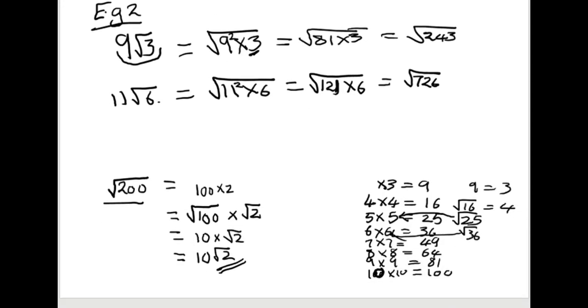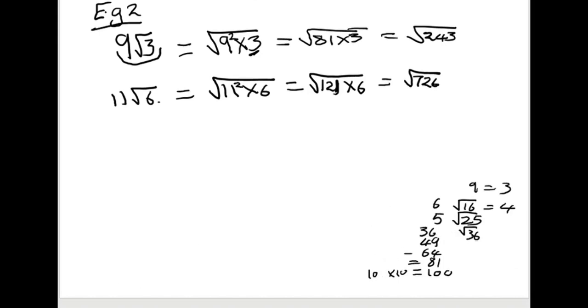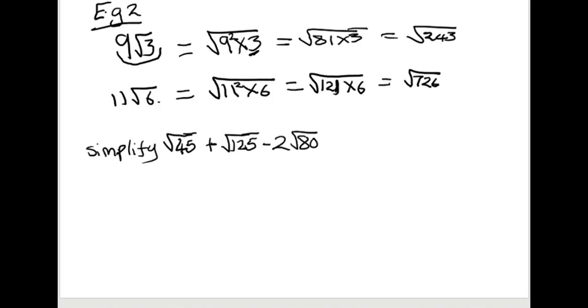Now, like I talked about similar surds earlier, we'll take some examples on similar surds. Okay, so I'm asked to simplify root 45 plus root 125 minus 2 root 80 plus root 20.